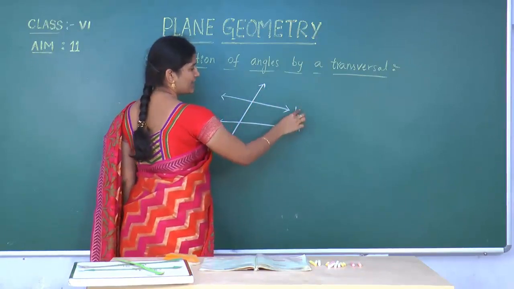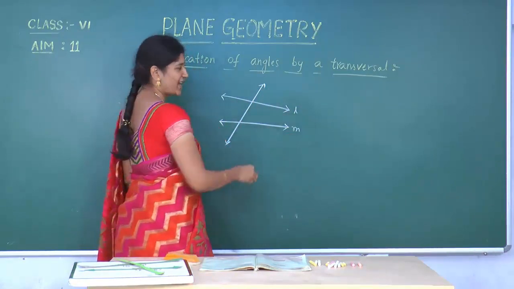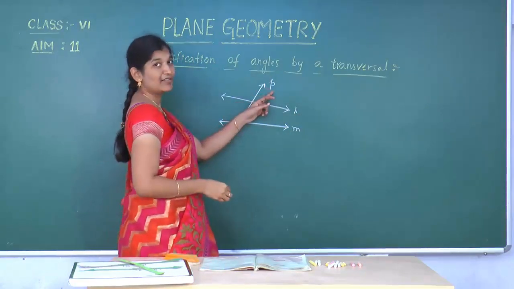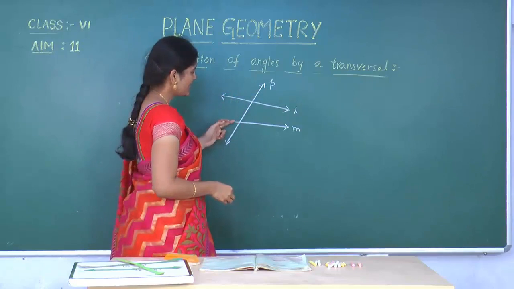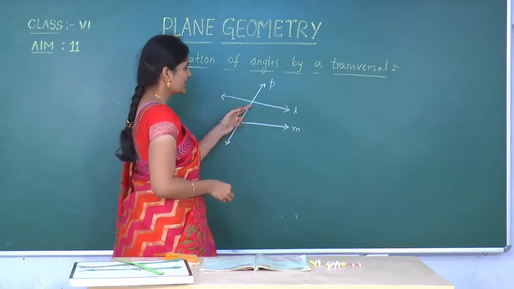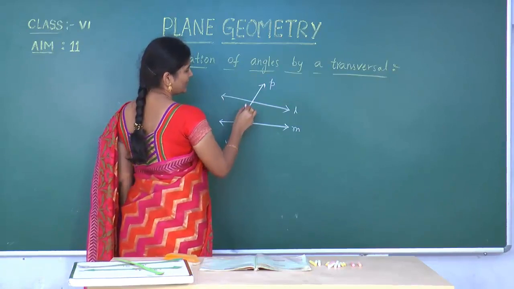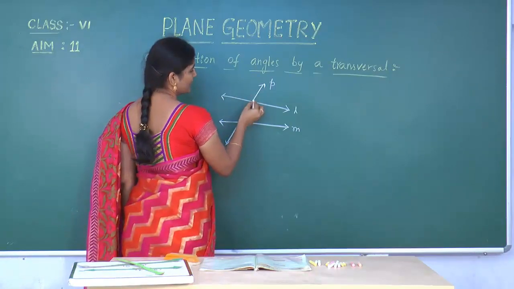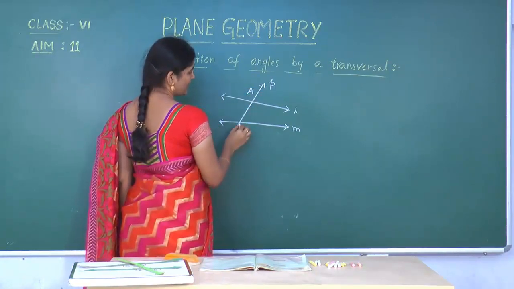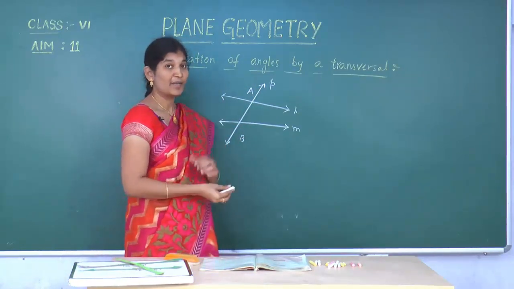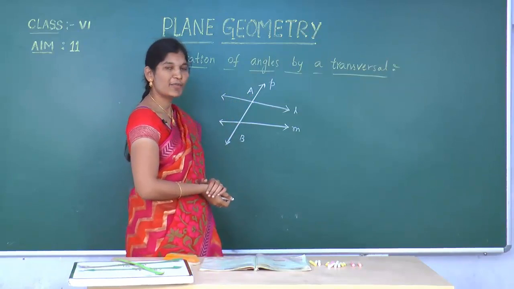Here L and M are two lines, and P is the transversal which intersects the given two lines at two different points, let them be A and B. Now tell me how many angles are formed.